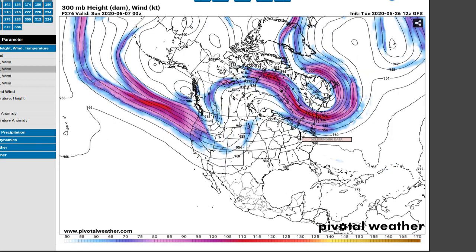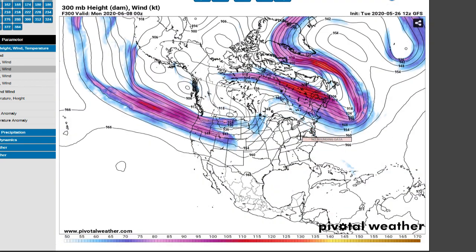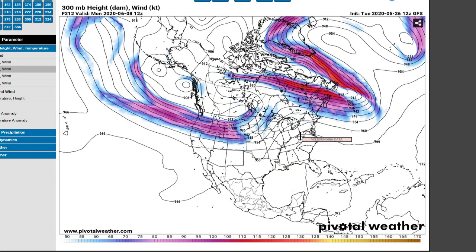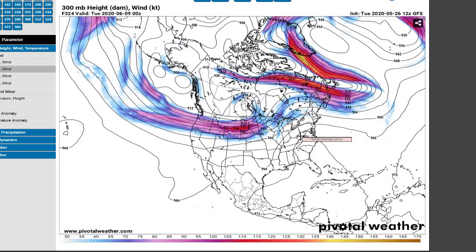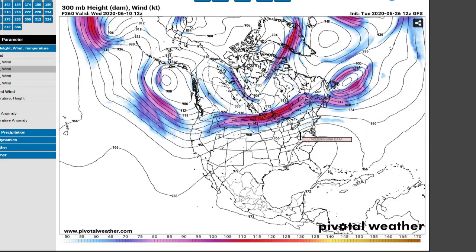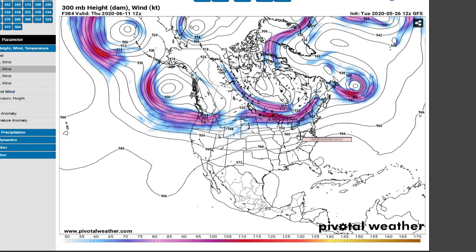So it's not going to be until maybe a week and a half before we open up that strong flow over the plains. So it looks like we're finally getting it around the 8th. That's really a ways out. Anyway, it looks like some dull weather ahead for the next 10 days.